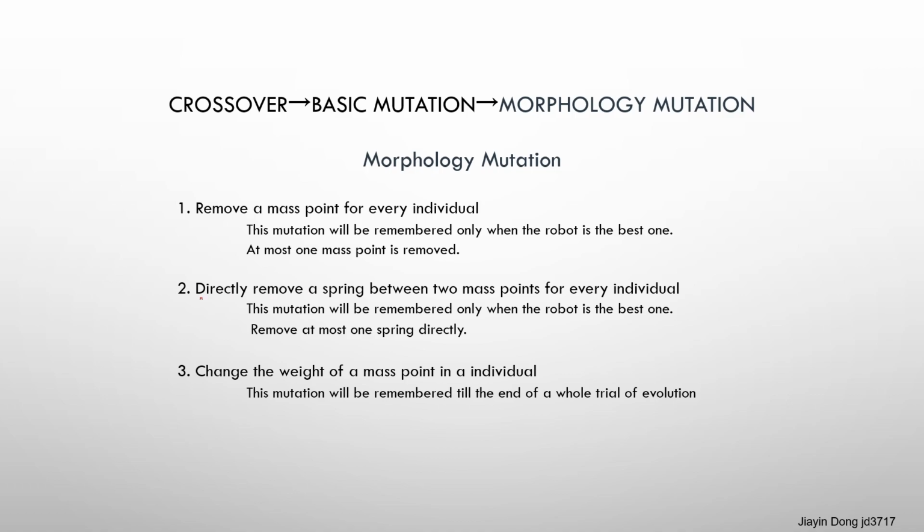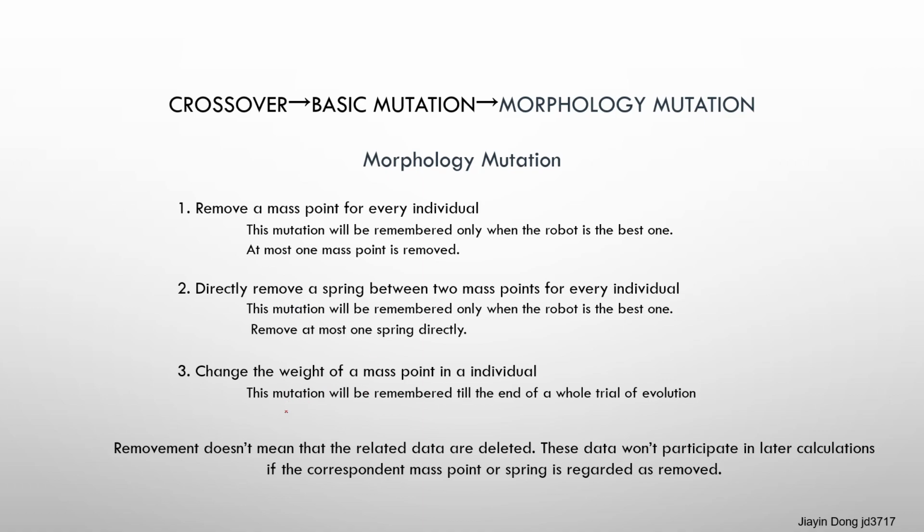I use the word directly because if you remove a mass point, the related springs will be automatically removed. Directly removing means that you just remove a spring regardless of whether mass points are removed.